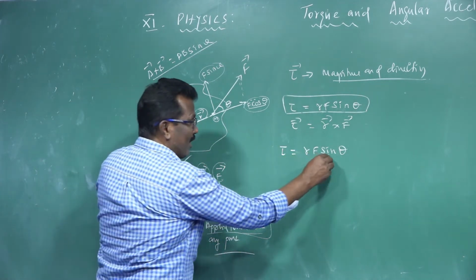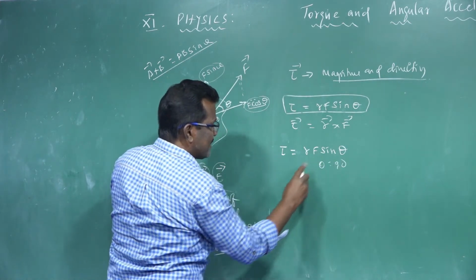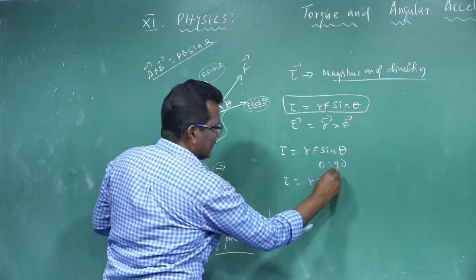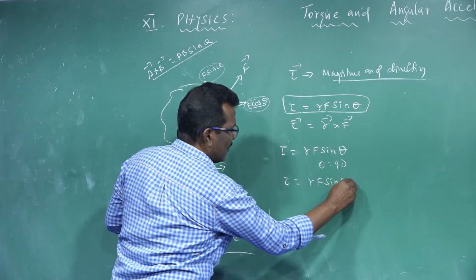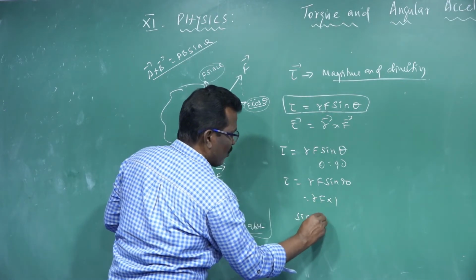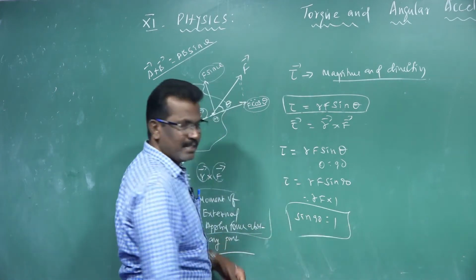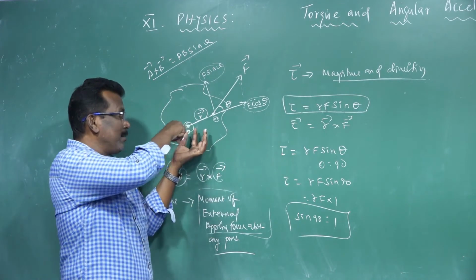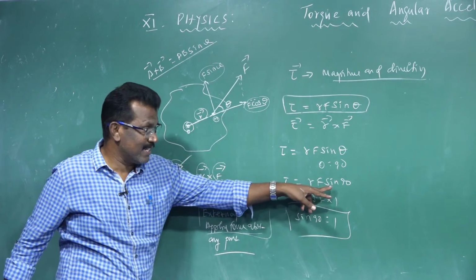If theta is equal to 90 degrees, torque tau is equal to RF, because sin 90 is equal to 1, so R into F into 1. Sin 90 is equal to 1. So the torque becomes a maximum always when theta is equal to 90 degrees.